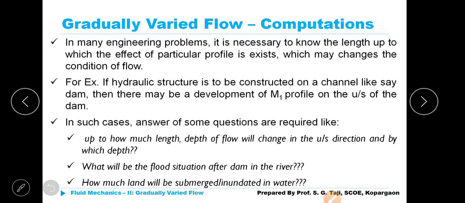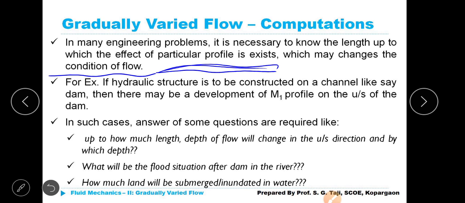In many engineering problems, as I have already pointed out, it is necessary to know the length up to which the effect of a particular profile exists, and what the ill effect would be when it occurs, which may change the condition of the flow.